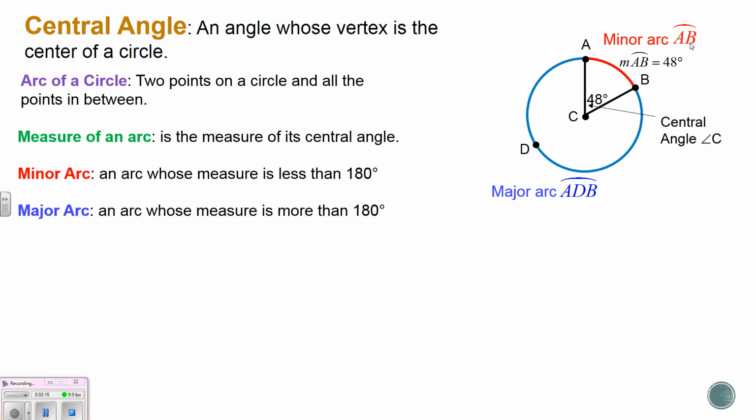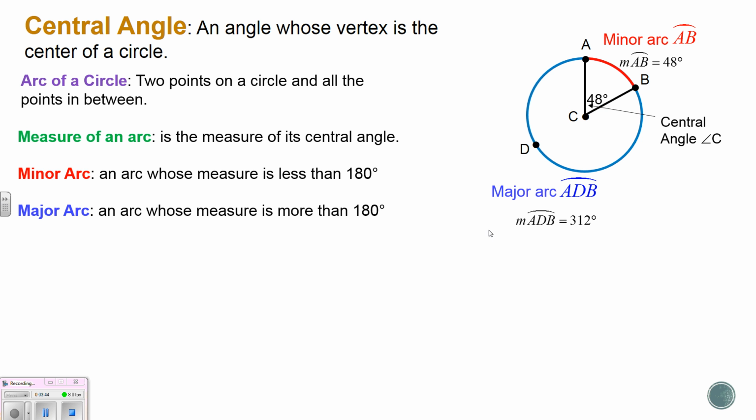When we label arcs or name them, we use their endpoints. But we don't want to use the word minor or major every time. So if you ever see 3 letters to name an arc, it means that you're talking about a major arc. And point D is the point you have to pass through to get from one endpoint to the next. So here you can see this angle is definitely larger than 180 degrees.